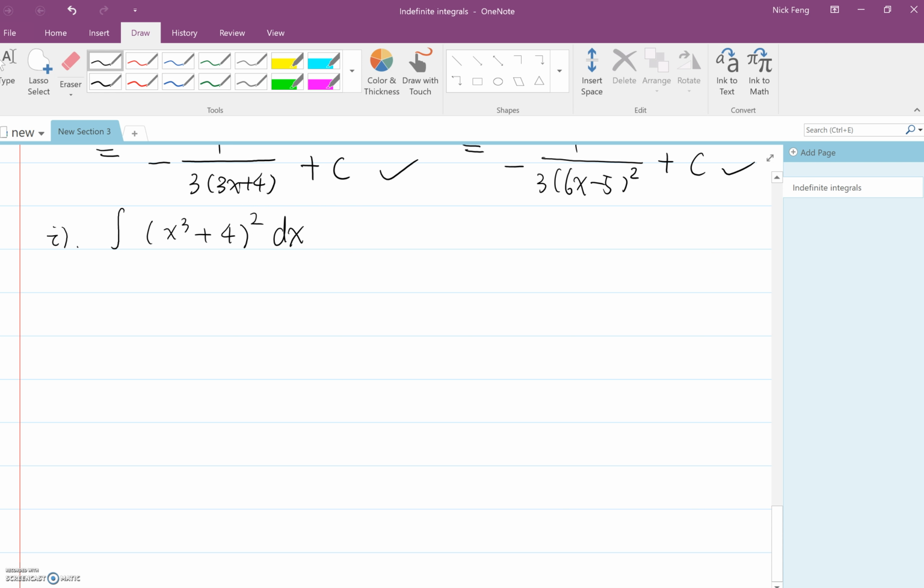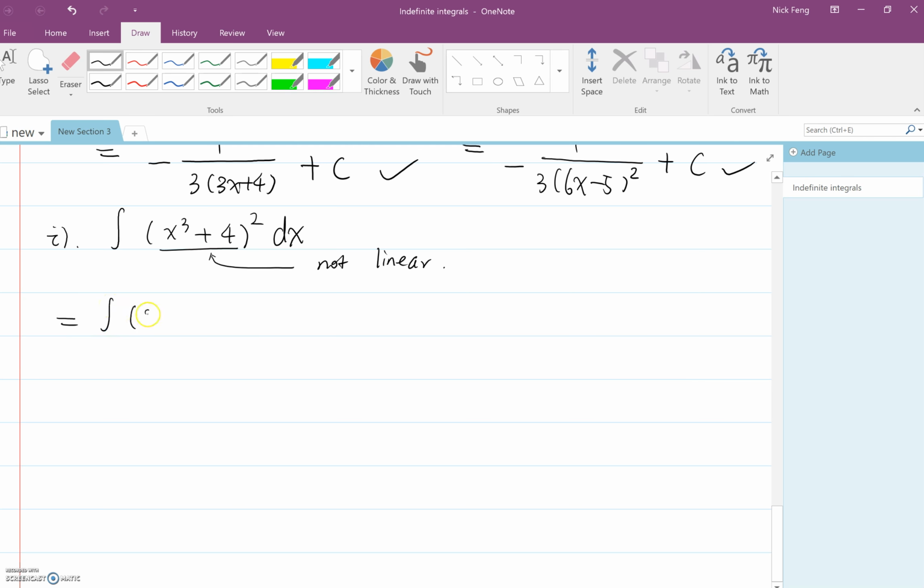Can we also use the method we did before to just add 1 to the power and divide it by the new power and divide by whatever number at the front? It doesn't work because this function here is not linear function. Not linear. So the only thing we can do is to expand it.